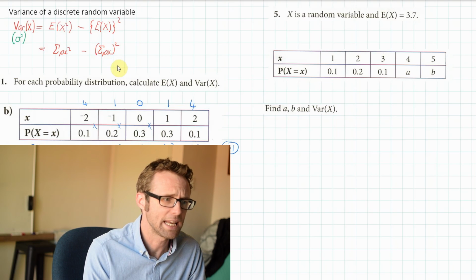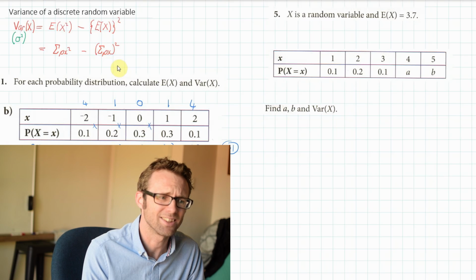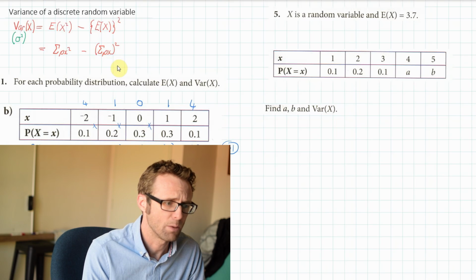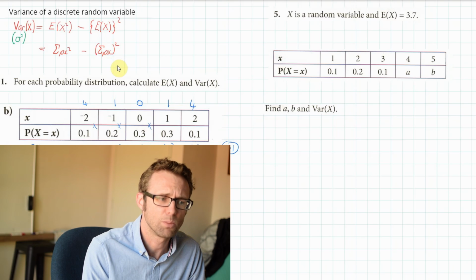Over here we've got x is a random variable and E(x) is 3.7. And we've got to find a, b, and var(x). Now you can see there's two unknown values here. We know, first of all, that 0.1, 0.2, 0.1, a, and b all add up to 1.